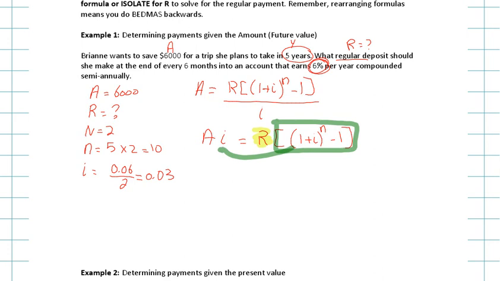What kind of operation do I have between R and the brackets? I have multiplication. So it's as easy as bringing this whole thing down and making it into division. It looks big, but it's actually 2 steps. Multiply by i, divide by that whole bracket.